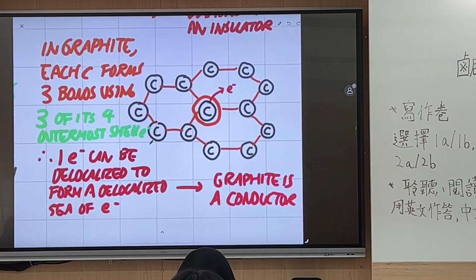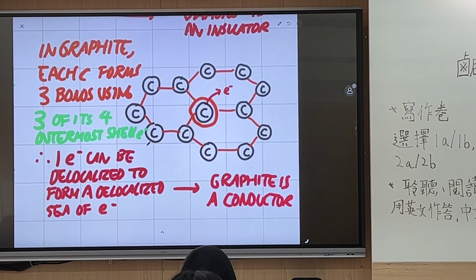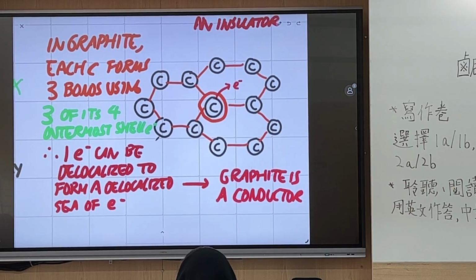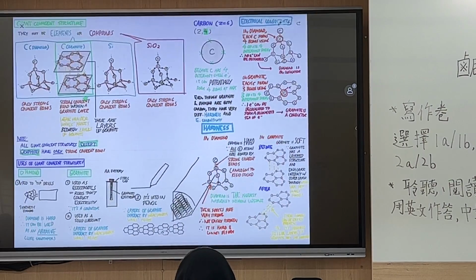Okay, so let me refer to this first. In graphite, each carbon is forming 3 bonds, using up 3 of its 4 outermost shell electrons. That means 1 electron can wander off, right? Okay, that's a delocalized electron. So therefore, it is a conductor thanks to the delocalized electron.